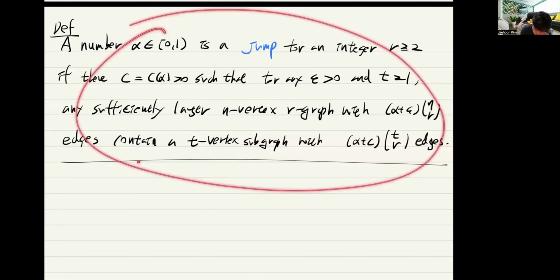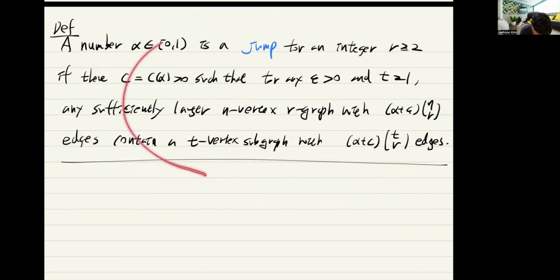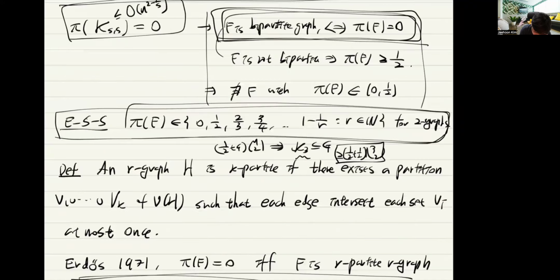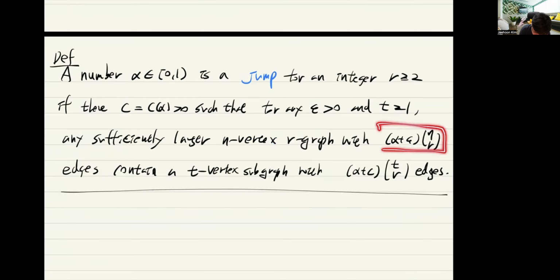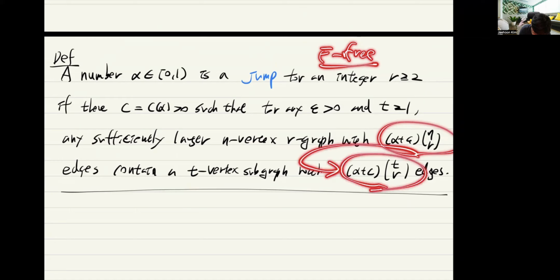So that's what's described here. If this alpha is a jump, then say there is a certain F whose extremal number cannot be a bit over alpha, because if there is an F-free graph with this many edges, then you have a subgraph with this many edges.